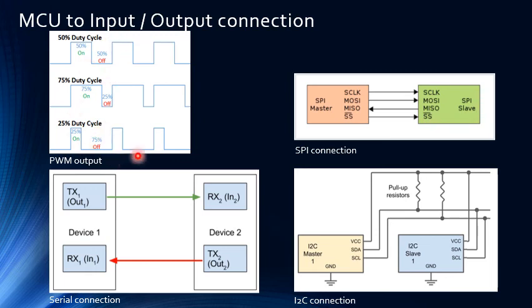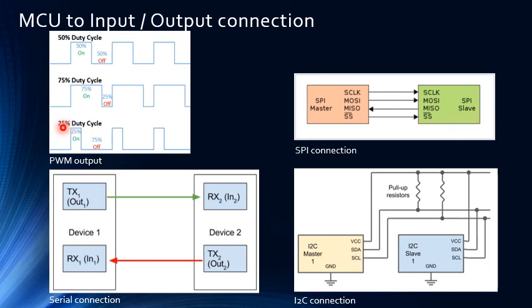So by having this, you can control, let's say, the speed of a motor or the brightness of a lamp. If you apply a 50% duty cycle to the lamp, it becomes a little bit dim. If you want to make it brighter, you can apply a 75% duty cycle. If you want it quite dim, you can apply a 25% duty cycle, then the lamp will be very dim.